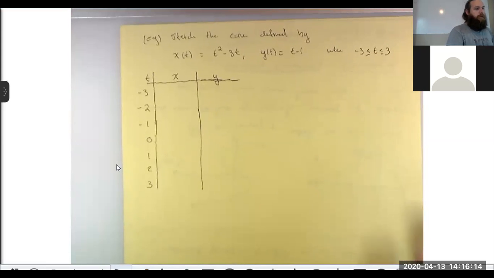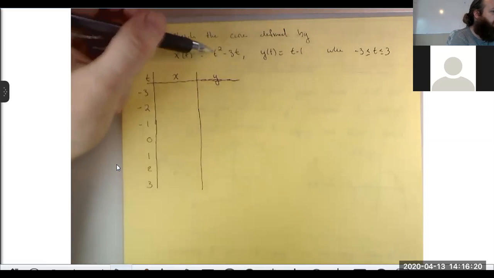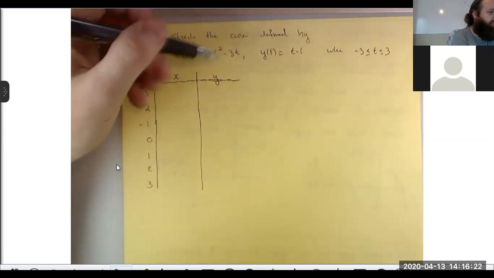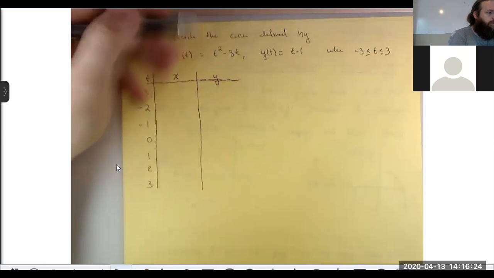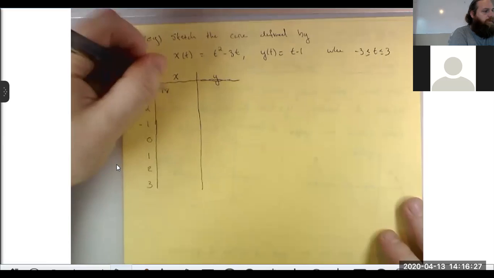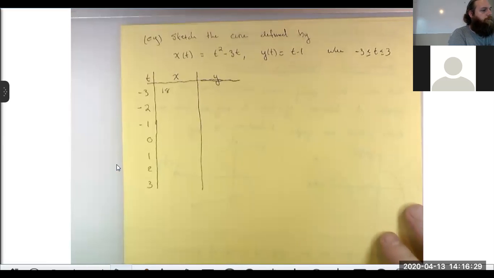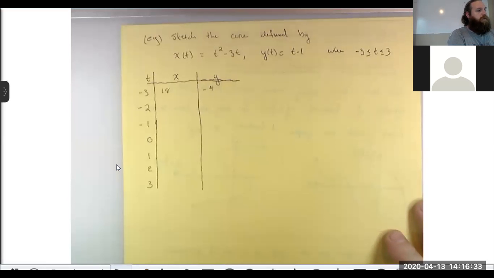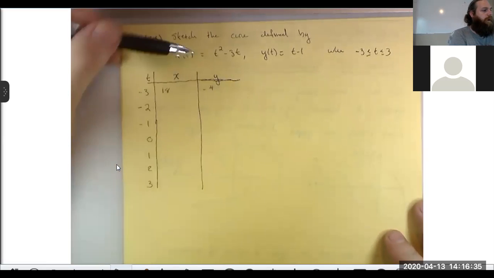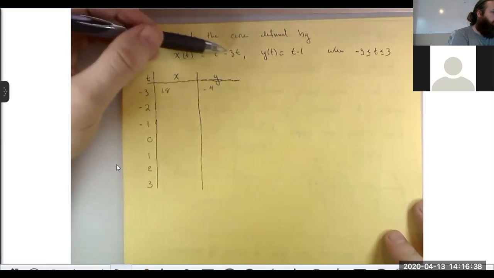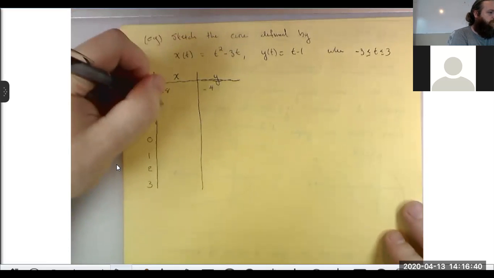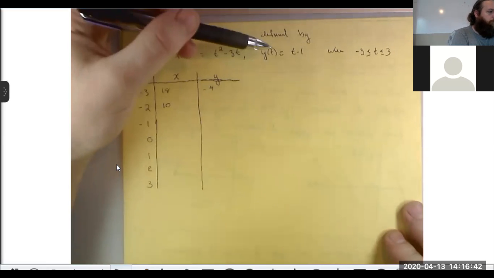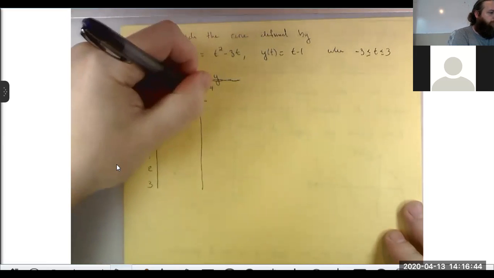So first, let's go ahead and fill out this table. When t is -3, x will be 9 plus 9. Is that 18? Am I seeing that right? Yeah. And y here would be -3 minus 1, which is -4. When t is -2, x will be 4 plus 6, which is 10, and y would be -2 minus 1, which is -3.